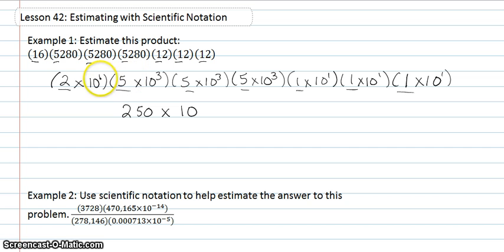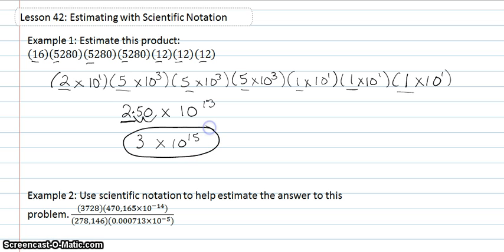So that would be, let's see, that would be 4, 7, 10, 11, 12, 13. Okay, and now I'll need to round to the hundreds digit. So that would be 3, and then I would move my decimal over 2 places, so that would be times 10 to the 15th. So that would be a rough estimate of what that product would be, 3 times 10 to the 15th.